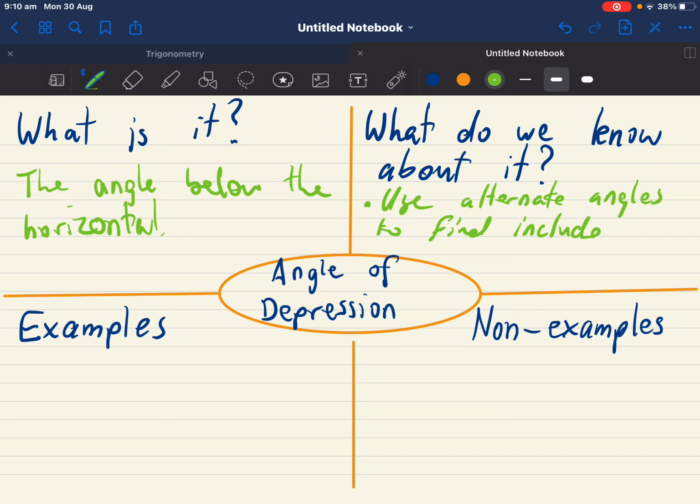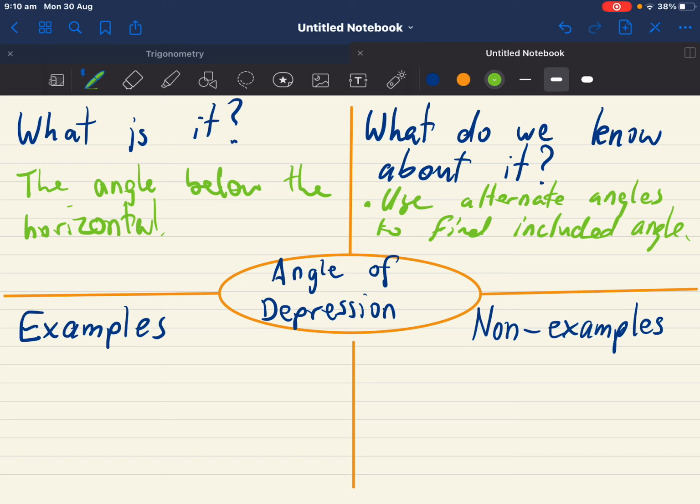By included angle, I mean the angle inside the triangle. It's like the angle included in the triangle. So use alternate angles to find the included angle. I guess that's probably the most important skill for us. I'll actually put that in the examples so you really understand what I mean.